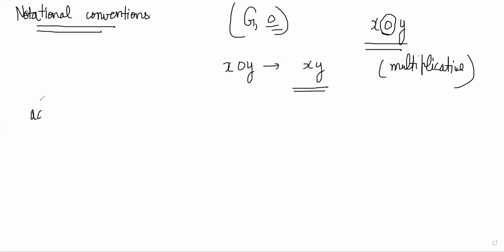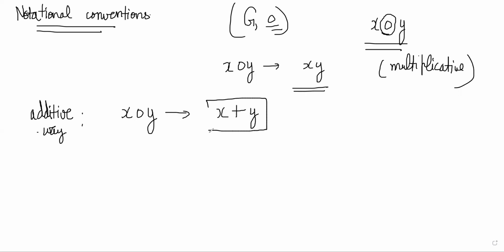However, you could also have a convention where group operations can be written in an additive way. So what is an additive way? You will write, instead of x dot y, x plus y. This is an additive group. So the plus operation is taking the place of the dot operation. So this is the additive style of writing the groups, right?